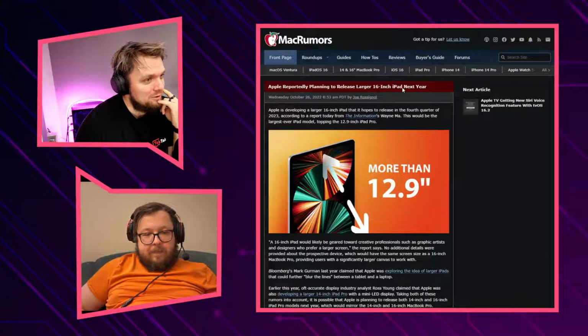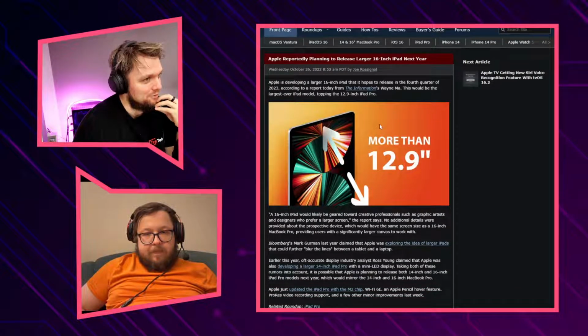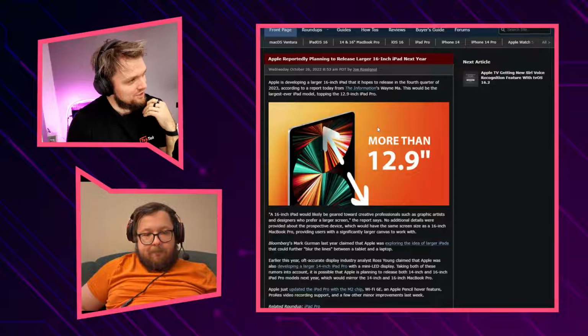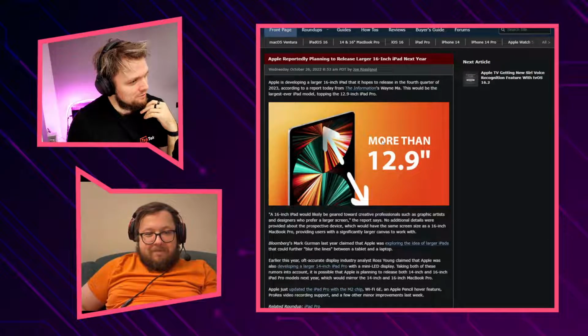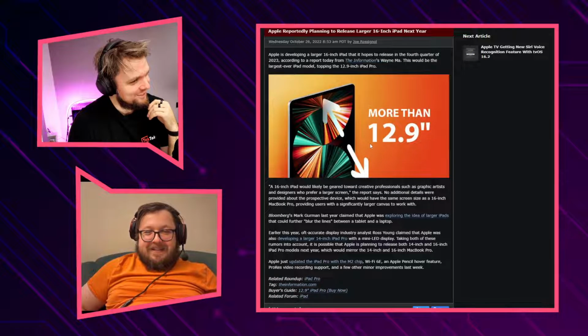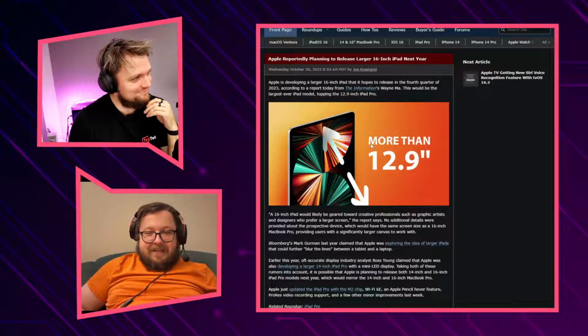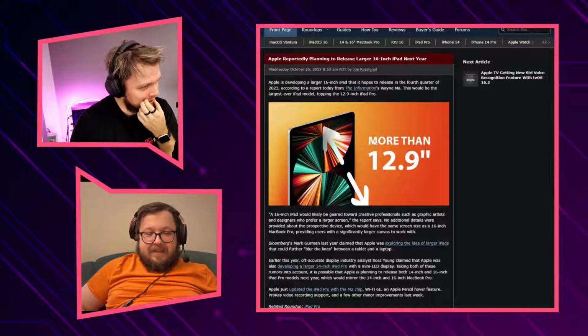Also, one other Apple news: Apple is planning to release a 16-inch iPad, maybe? That sounds horrible, kind of way too big.